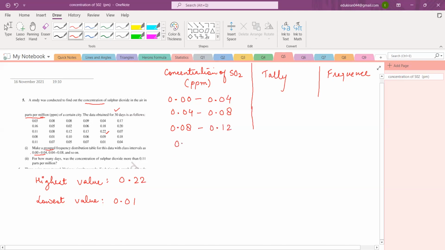Then 0.12 plus 0.04 is how much? 0.16. Then 0.16 to 0.20, then 0.20 to 0.24. So this much is enough because the highest value is 0.22. So it will fall in this.